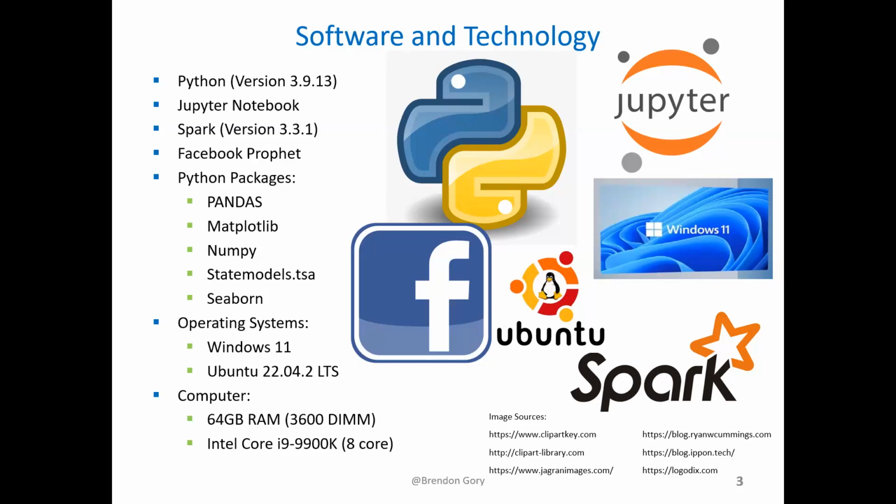For the Python packages, most everyone will have Pandas, Matplotlib, NumPy, and so forth already installed. If not, you just want to double check. Very easy to install, very straightforward to get going with time series. And the operating systems are going to switch between Windows and Ubuntu depending on the technology that we're going to be using.